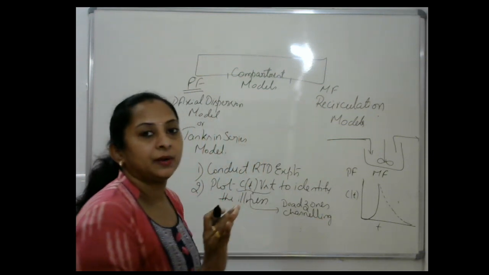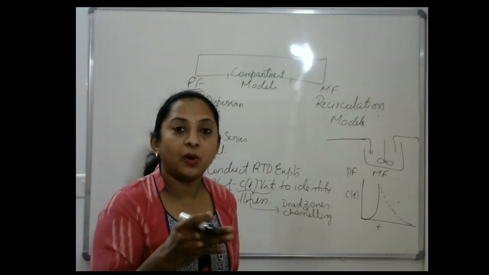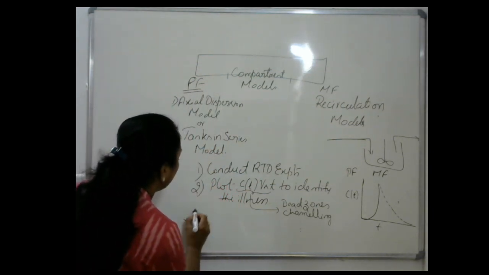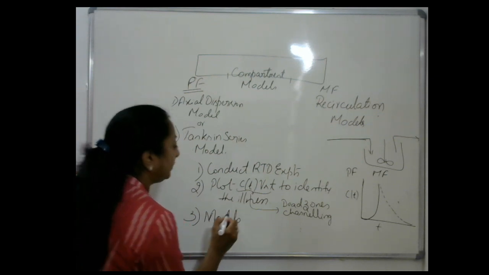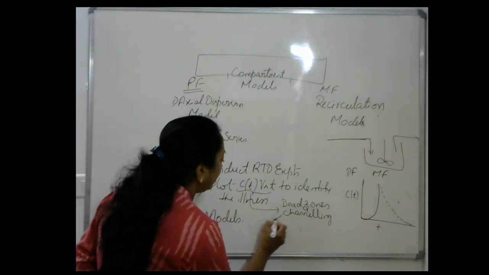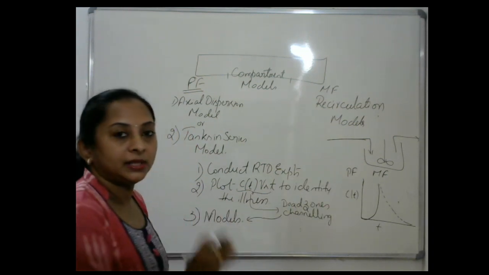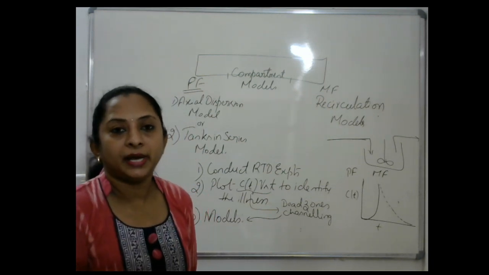All these things were not accounted for. But now I will try to develop models, and when developing these models I will account for all these things, dead zones, channeling, and develop an equation to find the concentration at the exit.